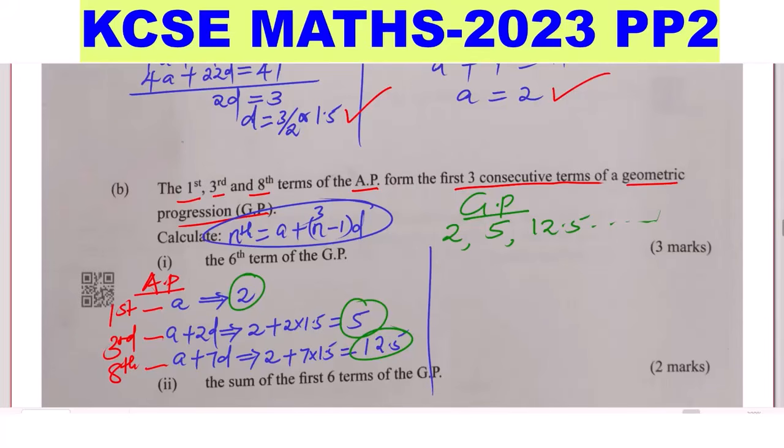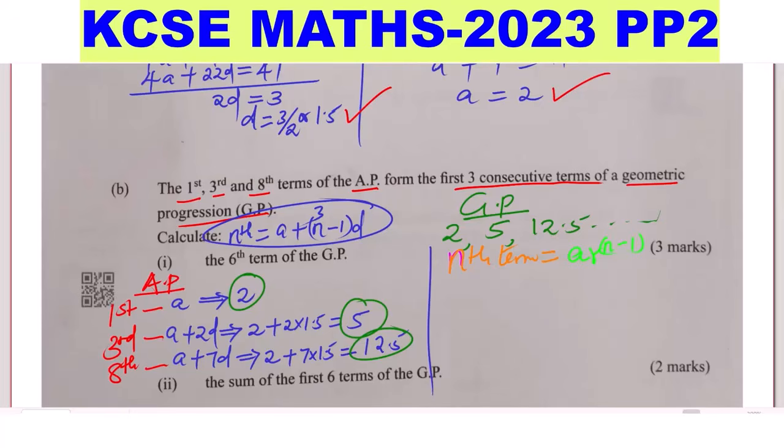So to do that, we need to know, how do we get the nth term? The nth term of any GP is given by A R raised power n minus 1. That is how we get the nth term of a GP.